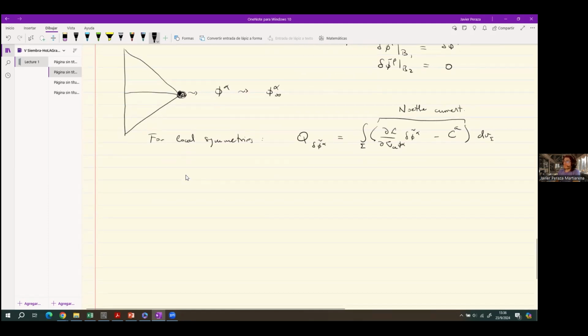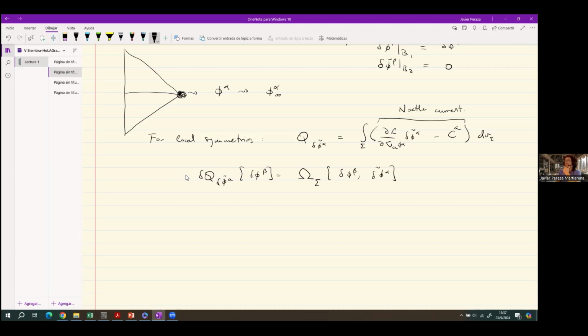So one can show the following. This is a functional from the tangent bundle to the reals. Therefore, we can take the exterior derivative in this configuration space, and we can compute the following equation: this evaluated at some beta will be the symplectic form on some Cauchy surface of delta phi beta, delta phi alpha.